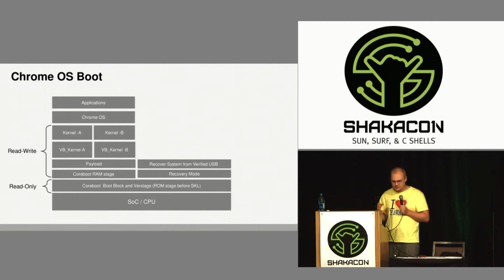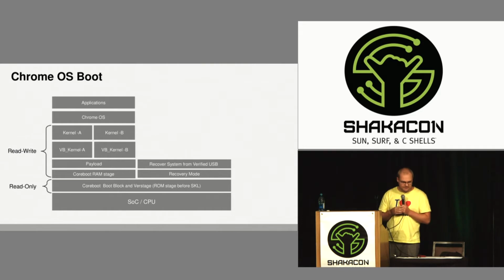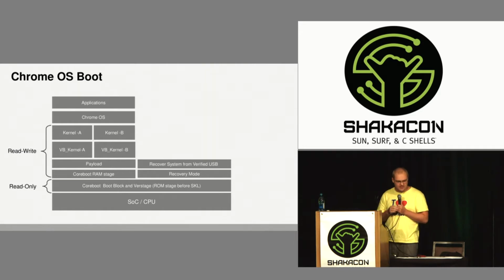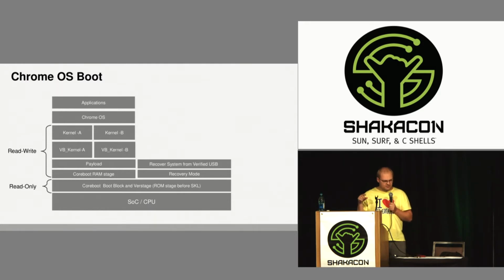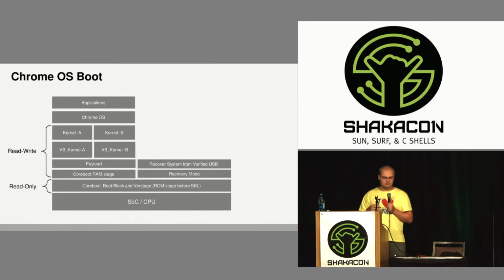So basically, in a Chromebook, Coreboot verifies the Chrome OS components and builds the root of trust from the hardware-protected, read-only SPI section up to the application level. In this picture, we'll see again there is read-only memory and read-write memory. In read-write memory, we have two different flows, kernel A and kernel B.